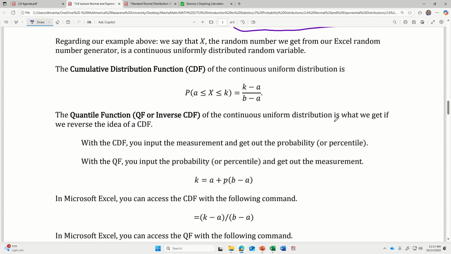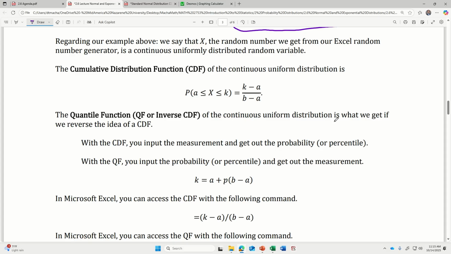The quantile function is the inverse of the CDF, and there is a formula again for the quantile function, where you input the probability you want and then you get out the measurement corresponding to a particular threshold, where that probability you inputted is the probability of getting less than or equal to this threshold. So again, not a table.